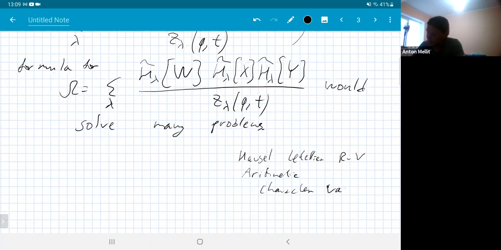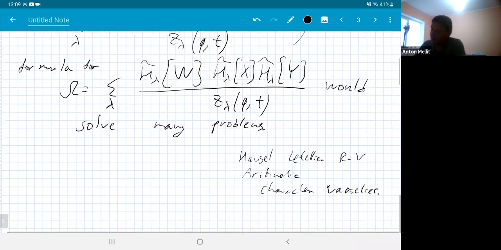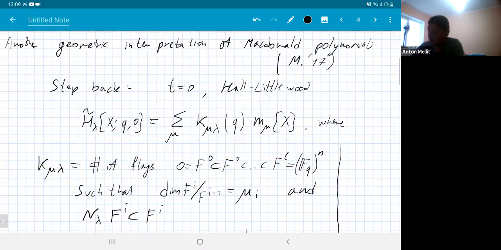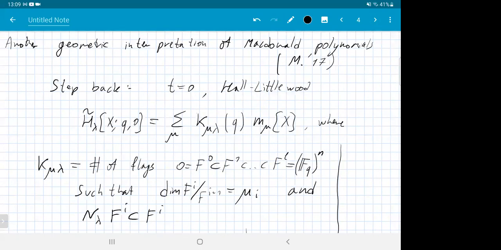I forgot the name of the paper. So they write these kinds of sums, and they take the plethystic logarithm, which means decompose it into a product, and connect it to mixed Hodge polynomials of character varieties. Okay, thanks a lot.